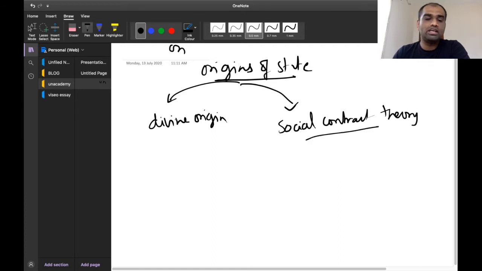So these are the two commonly accepted theories on how the state has been originated.